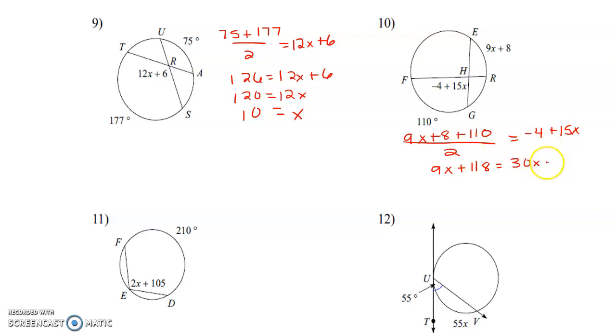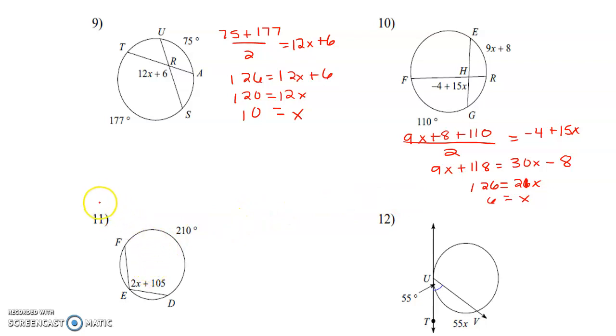Negative 4 times 2 is negative 8. I like to have my x terms at the front. Okay, so now I'm going to, let's see, subtract 9x from both sides. It gives me 21x over here. Add 8 to both sides. That gives me 126 over here. Divide by 21x. I was thinking about my 26 there. 21x. Divide both sides by 21. I get 6 equals x.